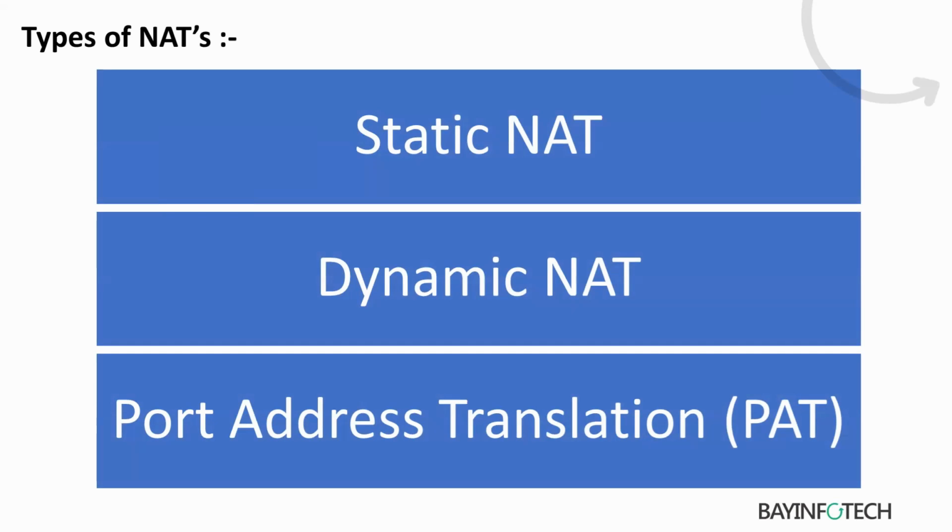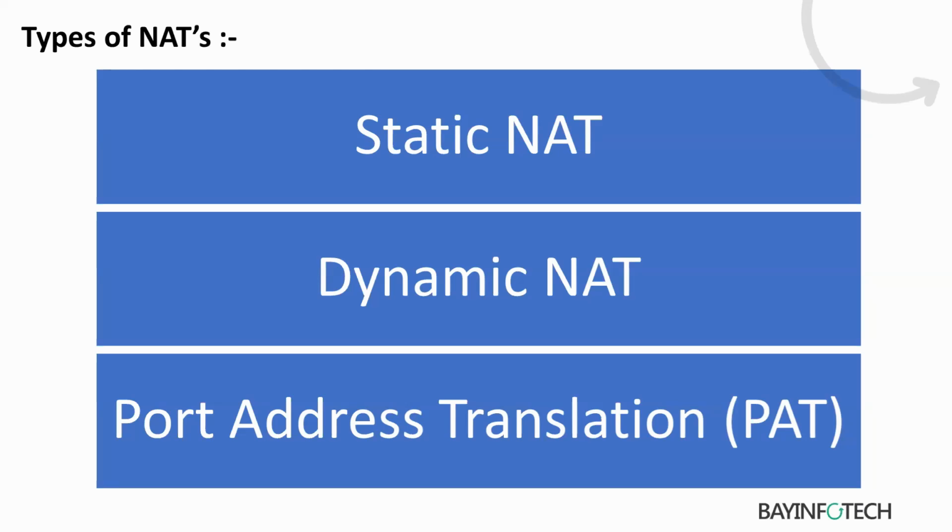This type of NATing scheme is usually used for servers requiring the same IP address always, hence the name static. So server 1 will always have the same IP address assigned to it. Server 2 will have a different public IP address assigned to it, and so on and so forth.